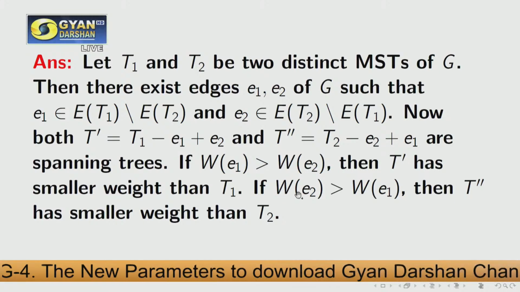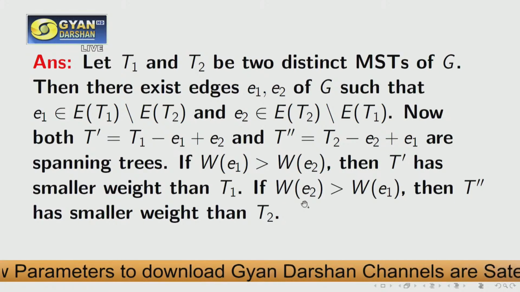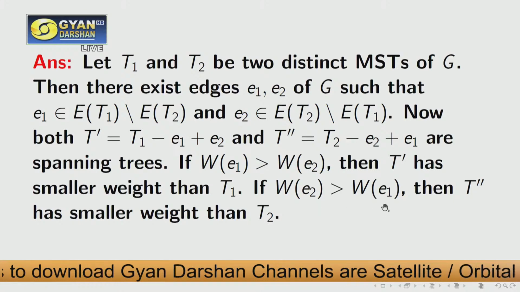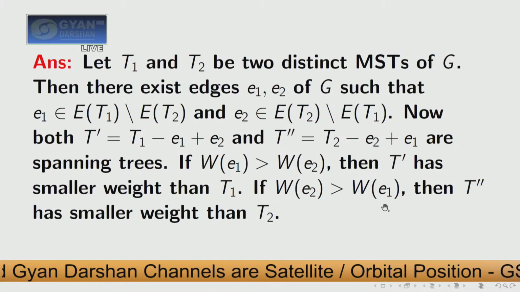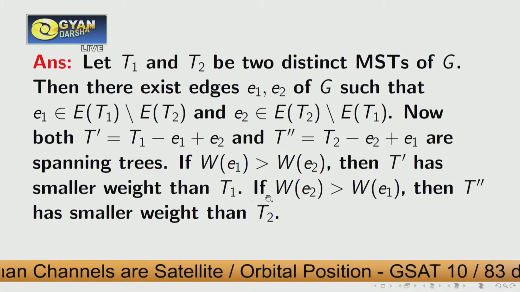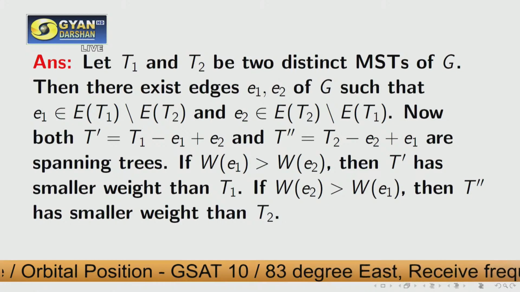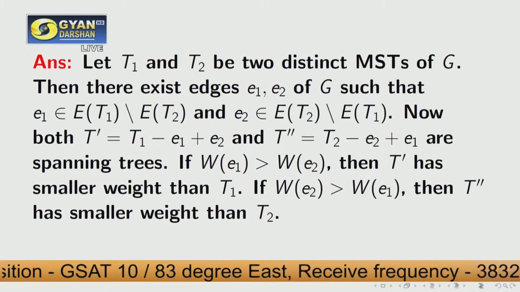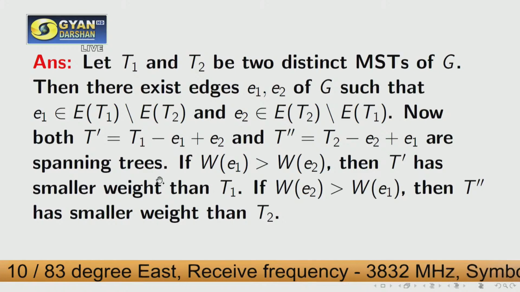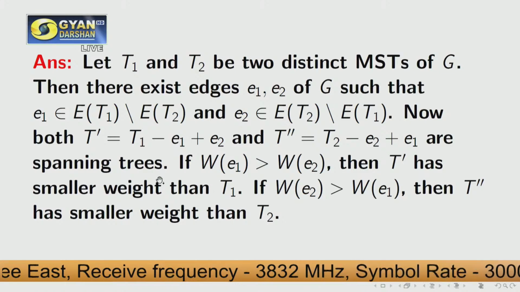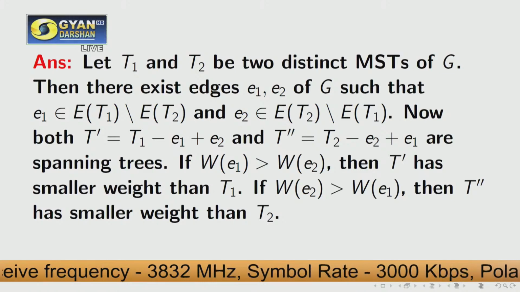Okay, in the second case, suppose E2 has weight higher than the weight of E1. So in this case, T double dash becomes a smaller weight than T2. So in either case, we get a spanning tree which has weight smaller than the weights of T1 and T2.